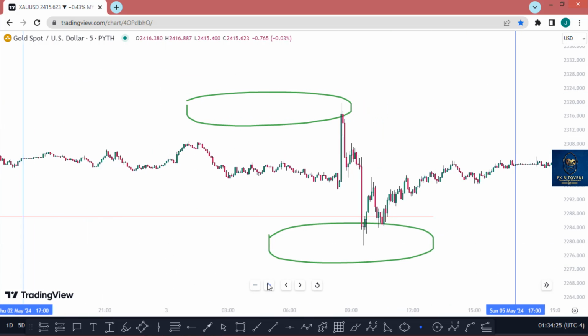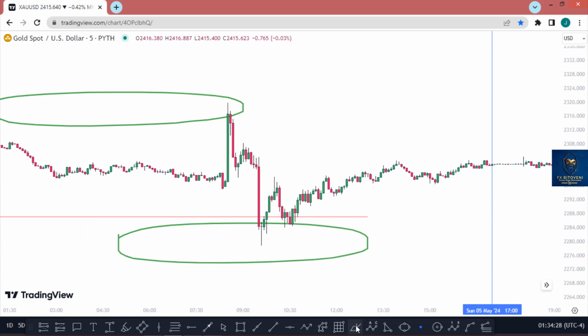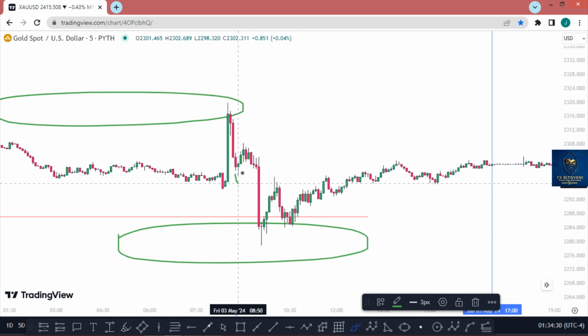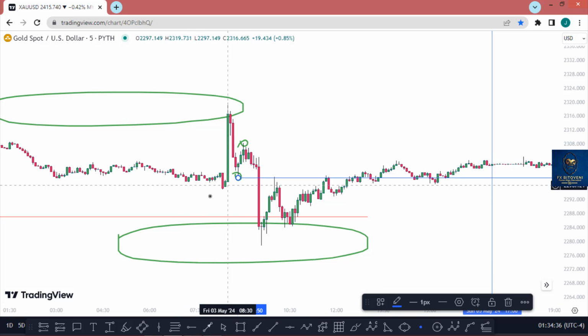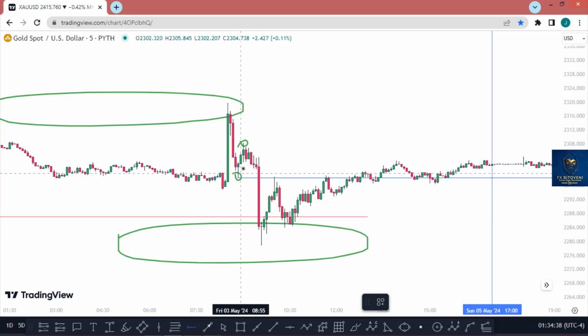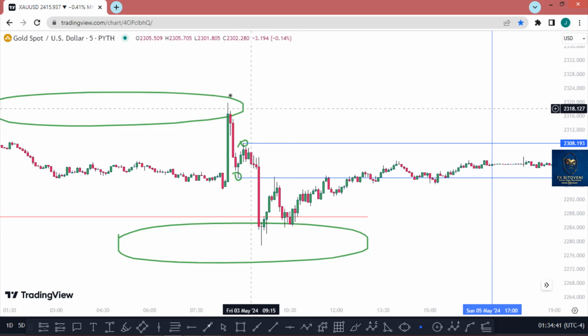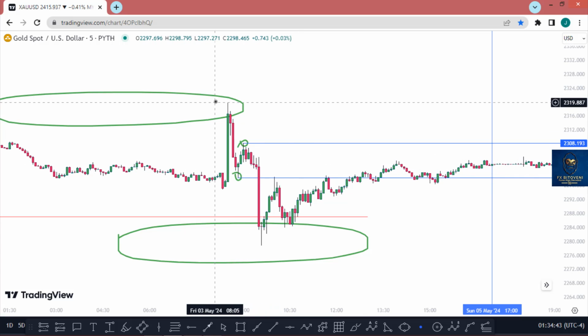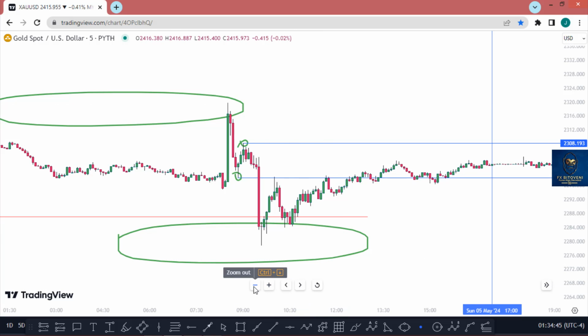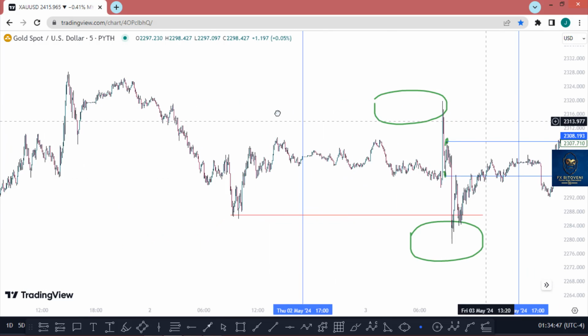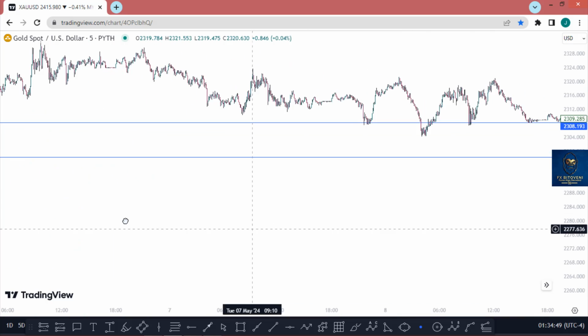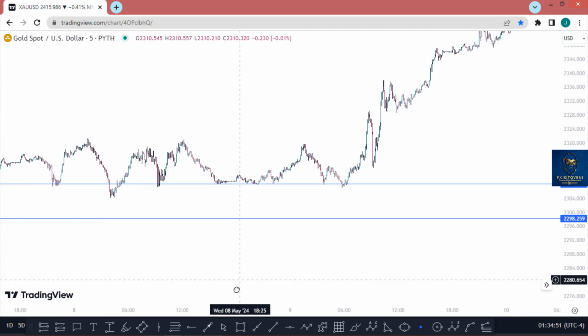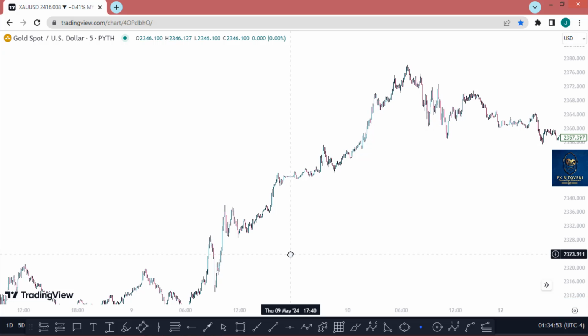This whole zone from the low to the high. So we understand, as long as they break this bigger zone, they will come back to test the zone. As you can see, price tested the zone and then went higher.